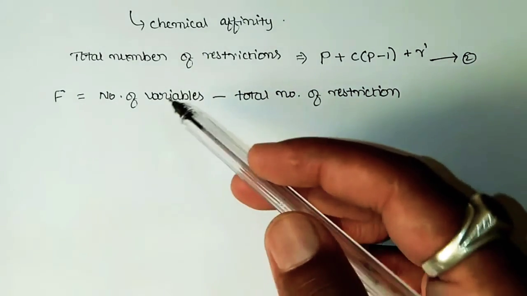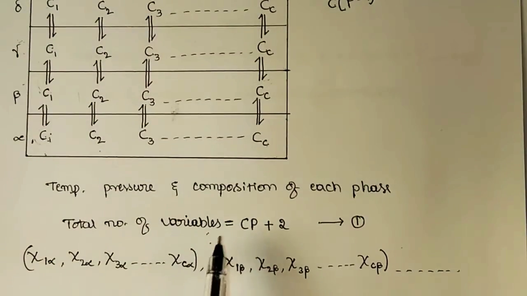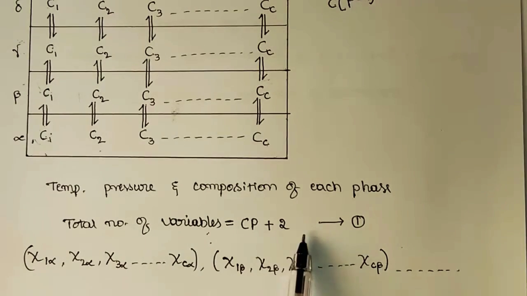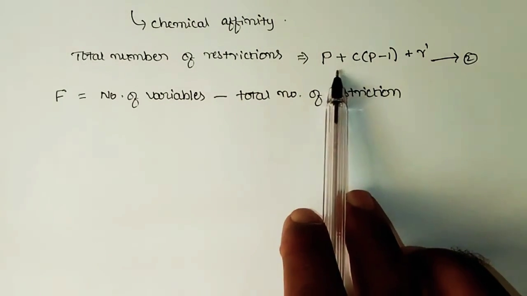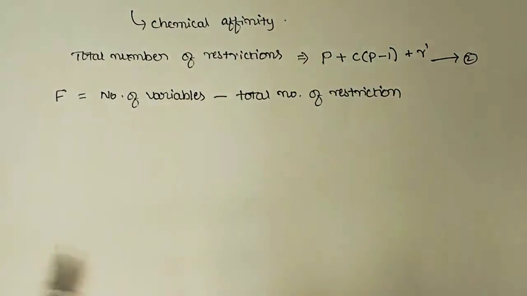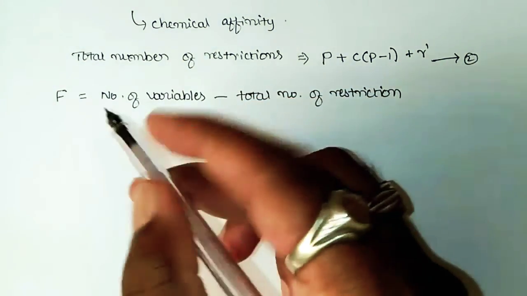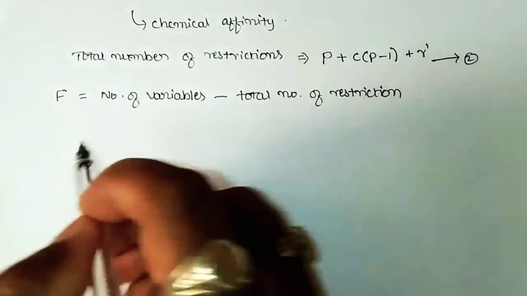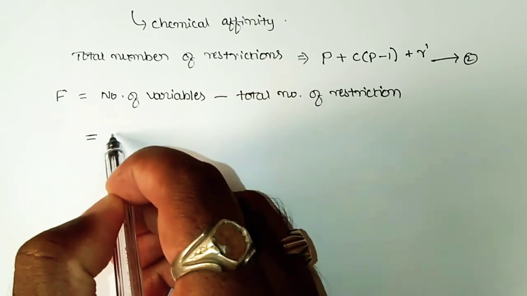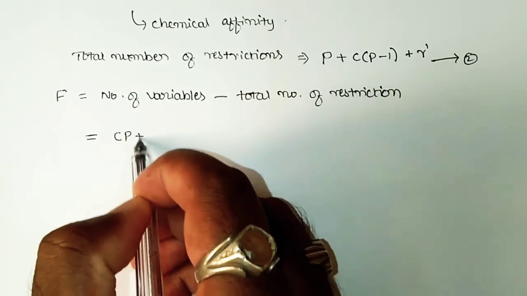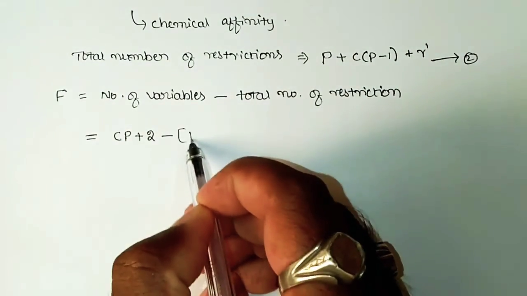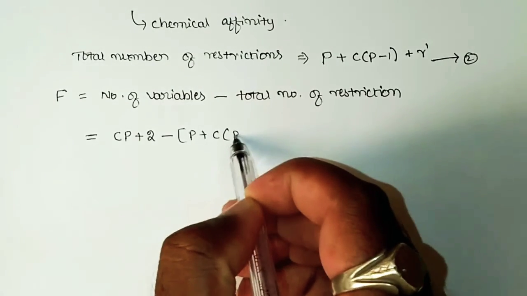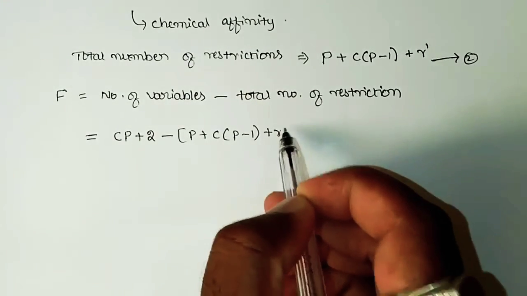So the number of variables that are used for defining the system is given in equation number 1 as: total number of variables is equal to Cp plus 2. And the number of restrictions has been given as P plus C of P minus 1 plus R dash. So we can use both these equations in order to calculate the number of degrees of freedom. So the number of variables, Cp plus 2, minus the total number of restrictions, P plus C of P minus 1 plus R dash.